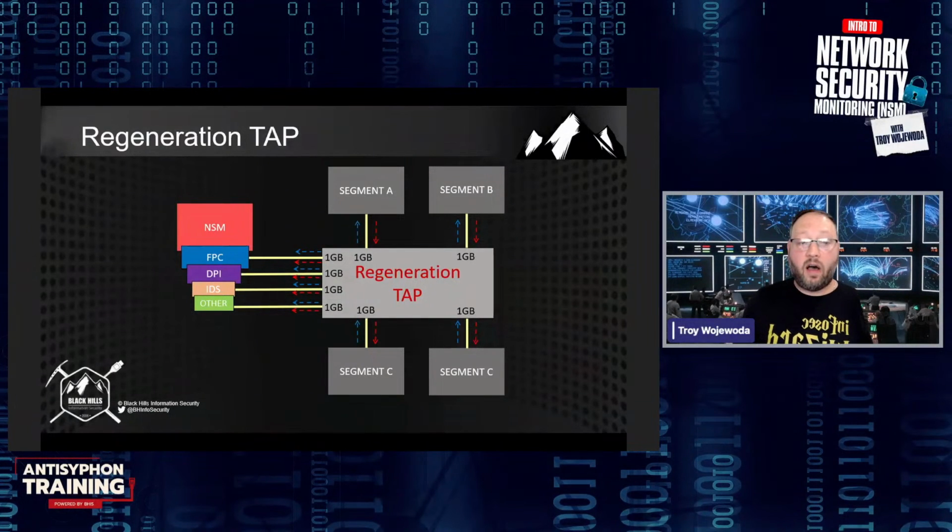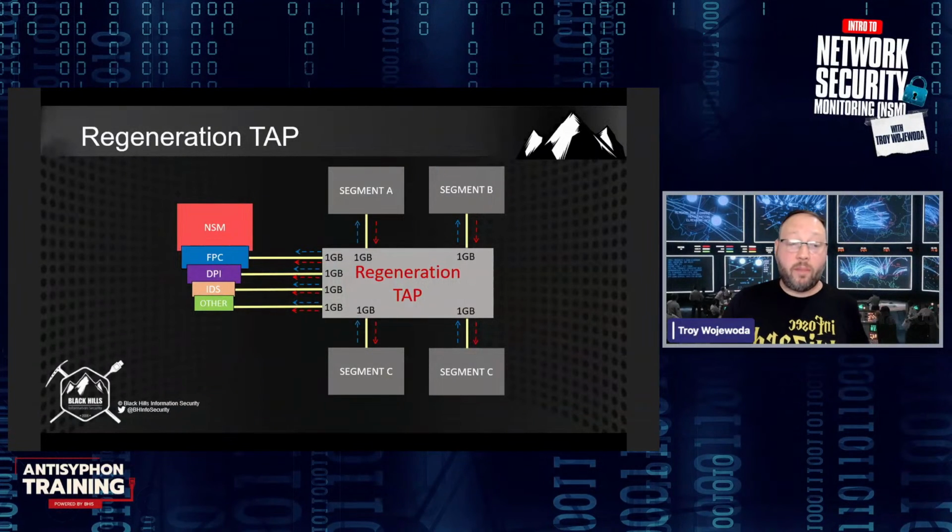The first example I'm showing here is problem 1, where we have too many downstream devices and not enough outputs, and only one input device. In that case, we use what's called a regeneration tap, and that regeneration tap takes the traffic that's going to a span and regenerates it, essentially copies it to multiple outputs. Therefore you could take the same traffic and send it to your full packet capture solution, to your deep packet inspection, to Zeek, to IDS, one for networking for troubleshooting.